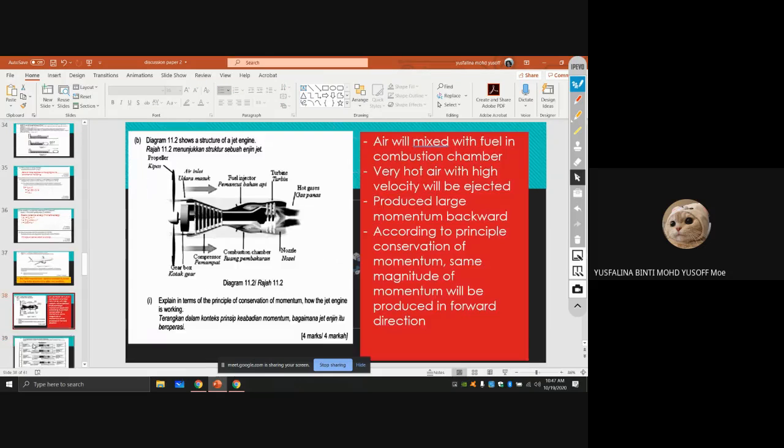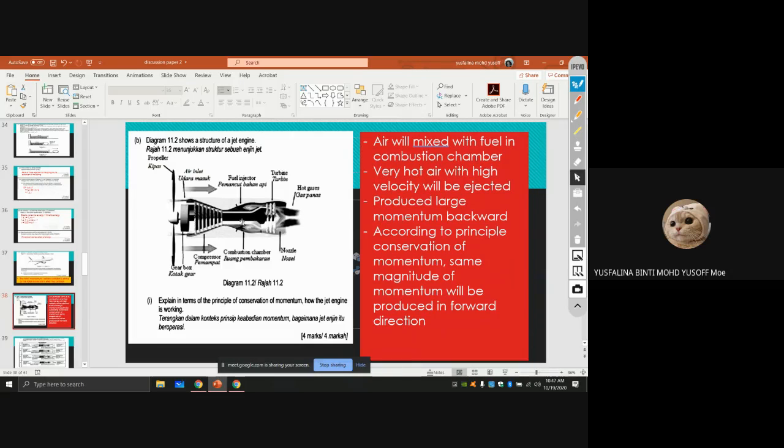Right, the next one, diagram 11.2 shows the structure of the jet engine. So this one is a 4 marks explanation question. Explain in terms of the principle of conservation of momentum how the jet engine works. So you have to explain the process. First, you say that the air is mixed with the fuel in the combustion chamber.